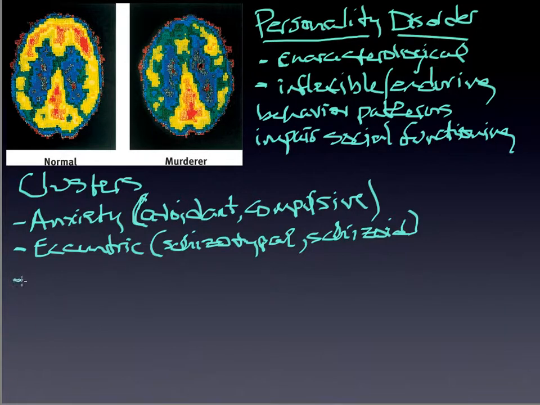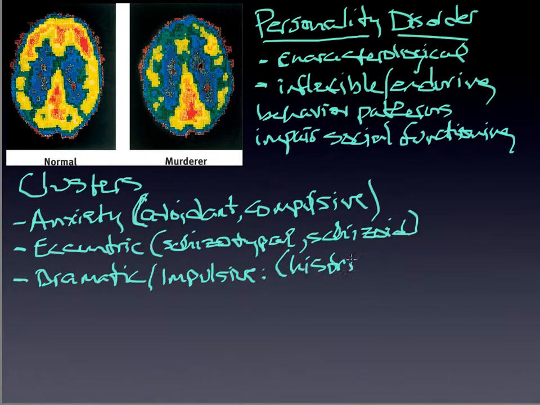The third is dramatic or impulsive types of behavior patterns. What falls into this category would be histrionic. Narcissistic would be another one.